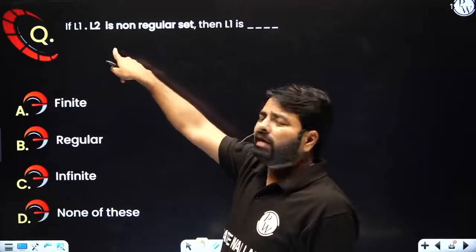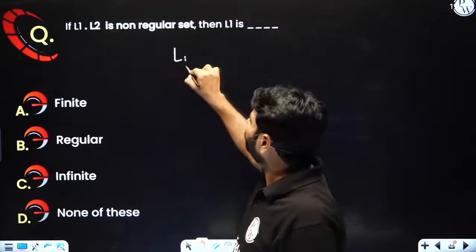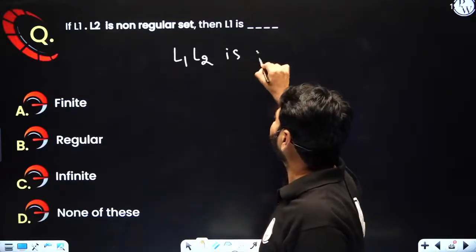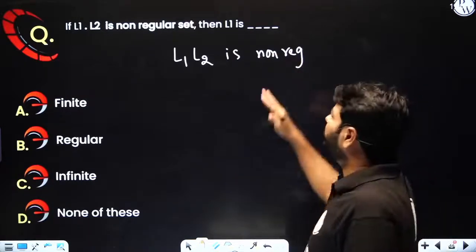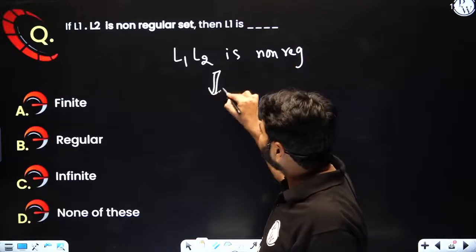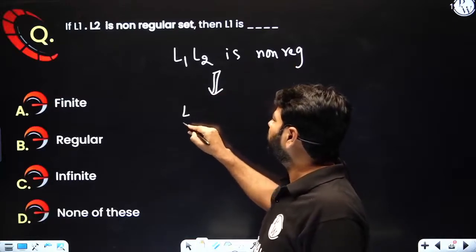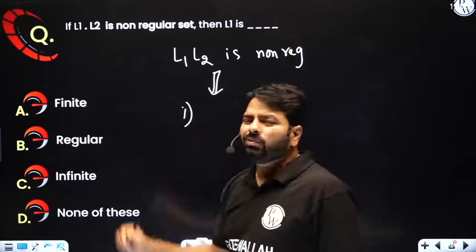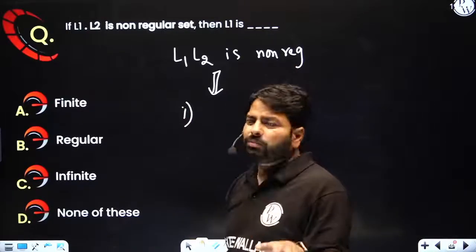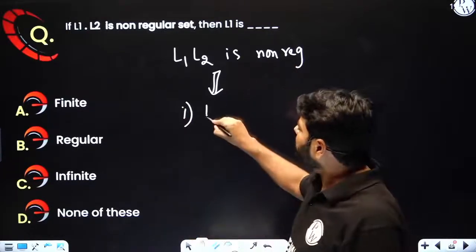Now L1 dot L2 is non-regular. The result is non-regular. Can you conclude something about L1? First one, option 1. Somebody is saying L1 is always finite, but I'm trying to produce a counterexample. For L1, I'll just take infinite.